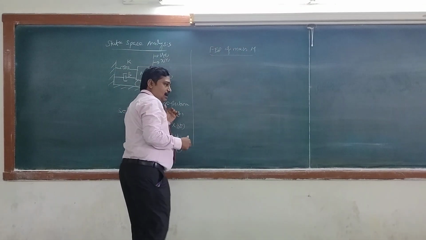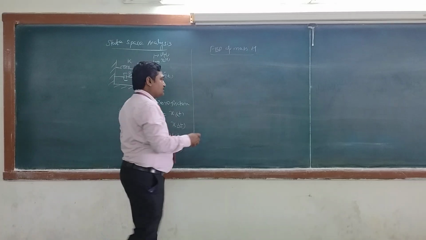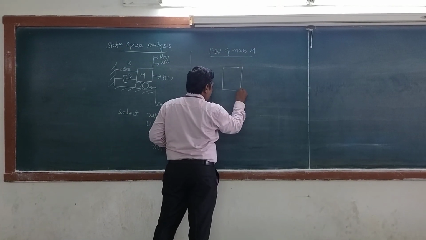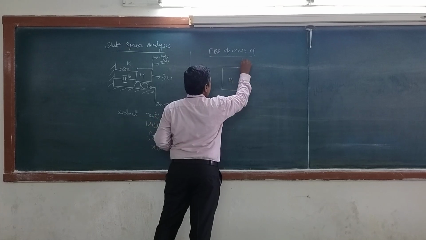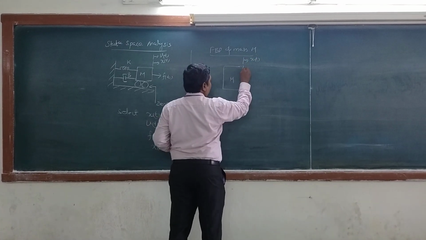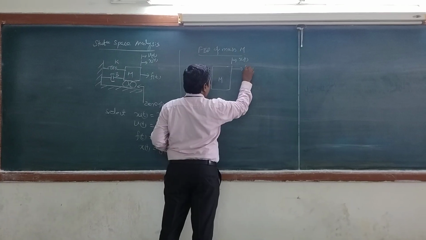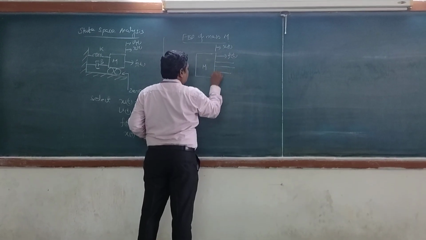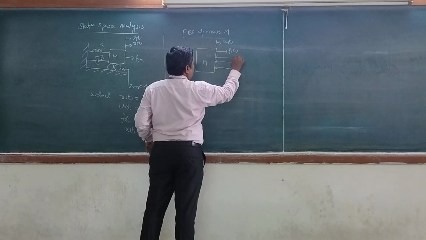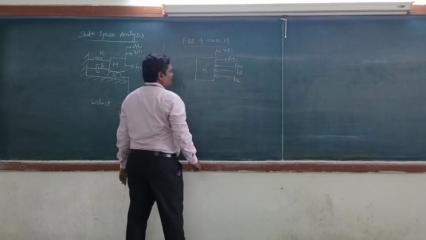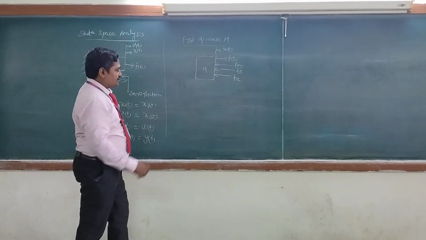Represent all the applied force and opposing forces. The applied force is the input force, and the opposing forces are offered by the mass, dashpot and spring. So these are all the opposing forces.